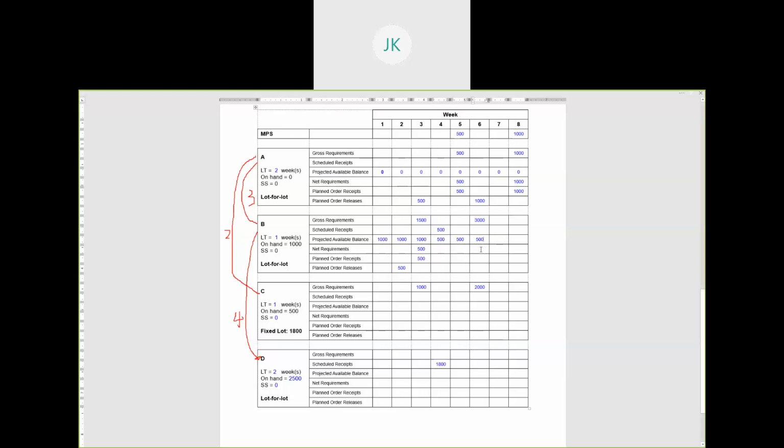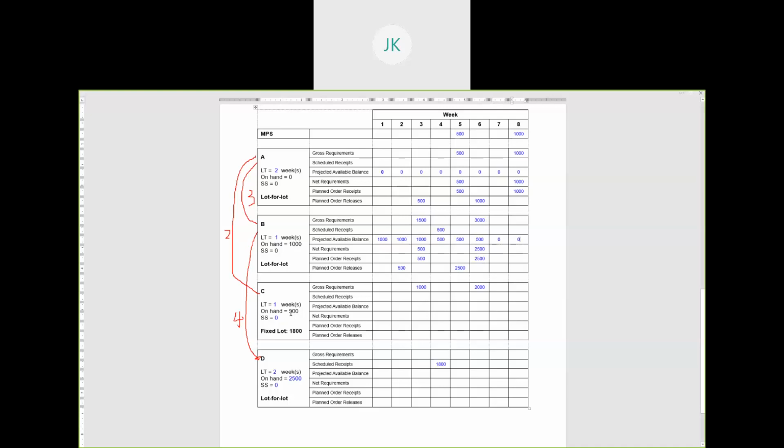So 2500 needed, receive 2500, 1 week earlier. Available 500, need 2500, received 2500, so 0 inventory.